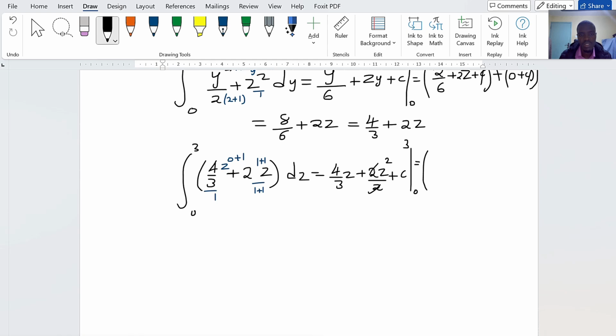Remember, this cancels this, so the outer bound will have 4 over 3 dot 3, and then plus 3 squared. Close the bracket, sorry, we have plus c, close the bracket, minus 0 plus c.